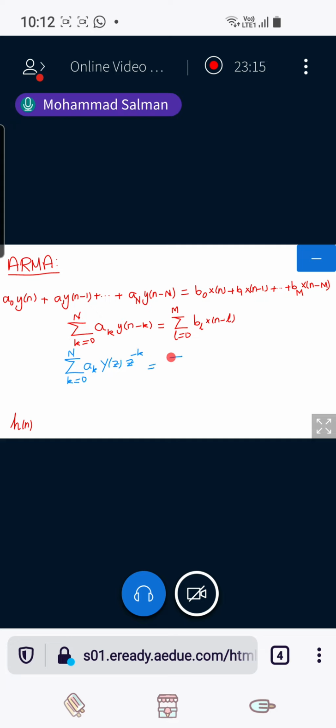And this is equal to the summation from L equals 0 to capital M of b sub L, capital X of z, z to the power minus L.